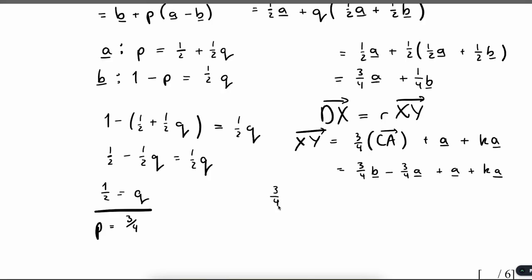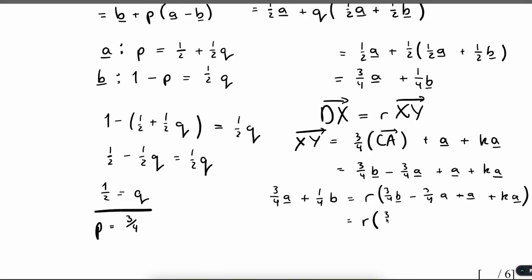So 3/4 A plus 1/4 B is equal to R lots of 3 over 4 B minus 3 over 4 A plus KA. So let's group this together.